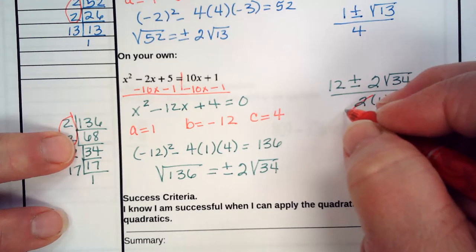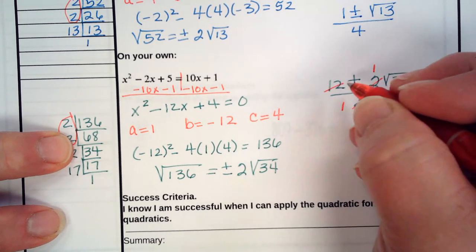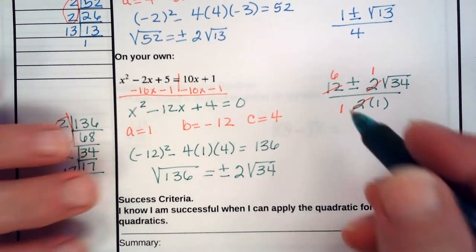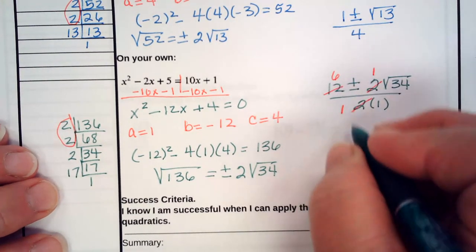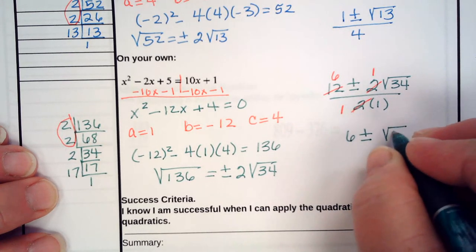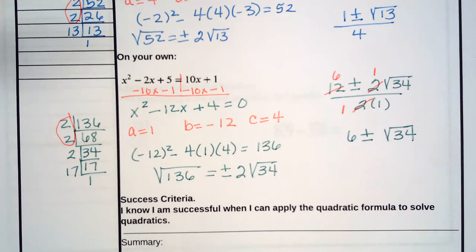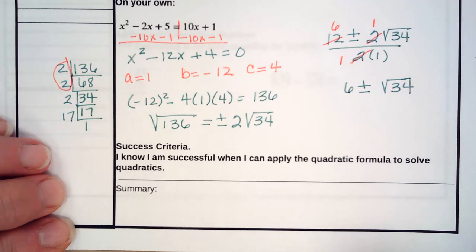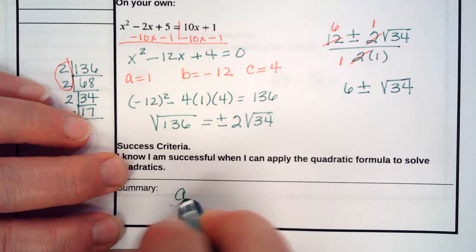They all have a factor of 2. 2 divided by 2 is 1. 2 divided by 2 is 1. 12 divided by 2 is 6. My denominator is gone because 1 times 1 is 1, and I don't need to worry about dividing by 1. It becomes 6 plus or minus the square root of 34, and we are done. So, how do you know when you're successful? When you can apply the quadratic formula to solve quadratics. Once again, quadratic formula.